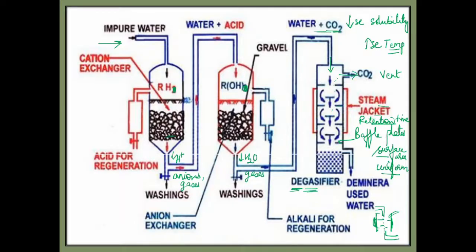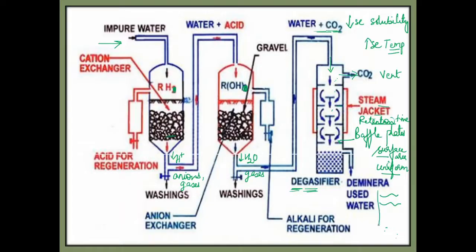Secondly, these baffle plates could be of any design. It's not like these are plain plates. You may increase the level like this, you may make it like this, or you may design them differently. Basically, designing of baffle plates is also important. You may use a curved kind of design. Then the number of baffle plates also may vary.